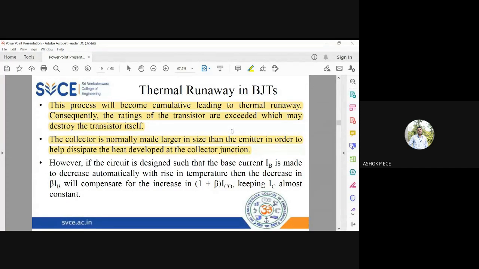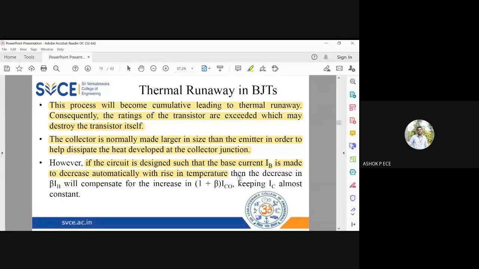So the effect is neutralized. Is this logical? That is explained in the third point. See here, if the circuit is designed in such a way that I reduce my base current automatically when the temperature is increasing, then the collector current will also decrease. So on the base side, collector current is decreasing; on the collector side, collector current is increasing. Effectively, the variation is zero.